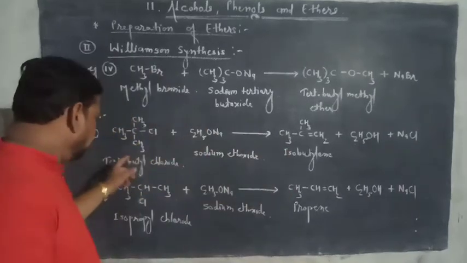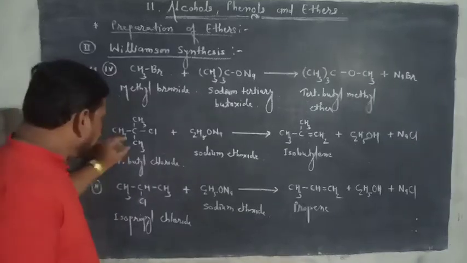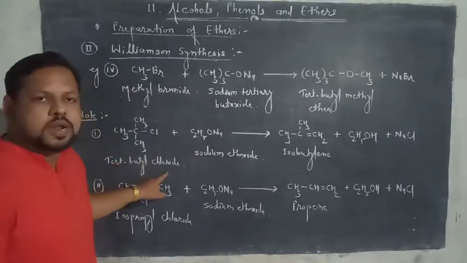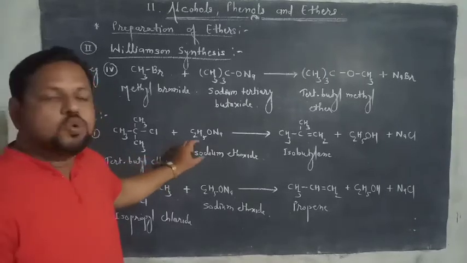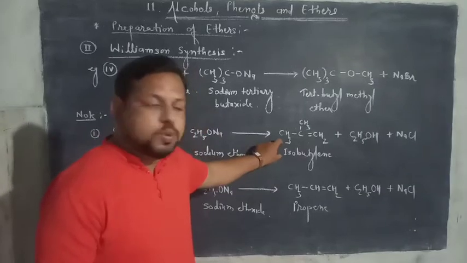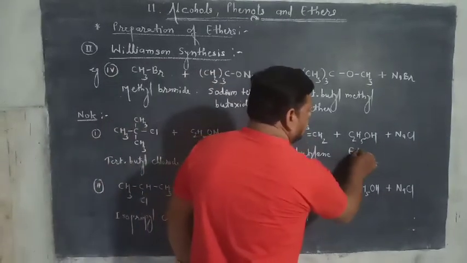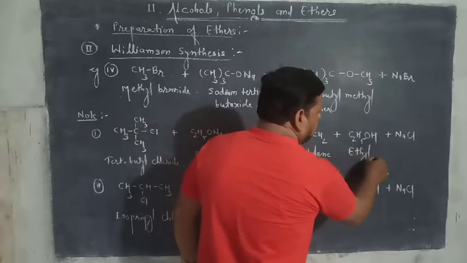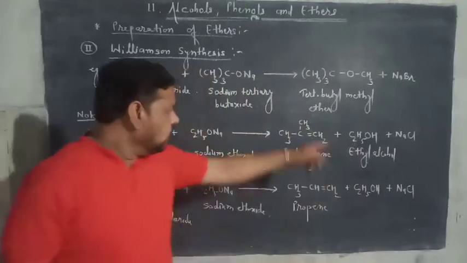See here the example. This is the example of tertiary alkyl halide, that is tertiary butyl chloride. This tertiary butyl chloride reacts with sodium ethoxide. Then it gives isobutylene and ethyl alcohol and sodium chloride.